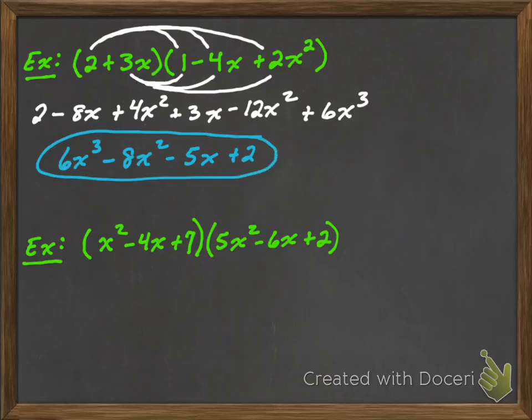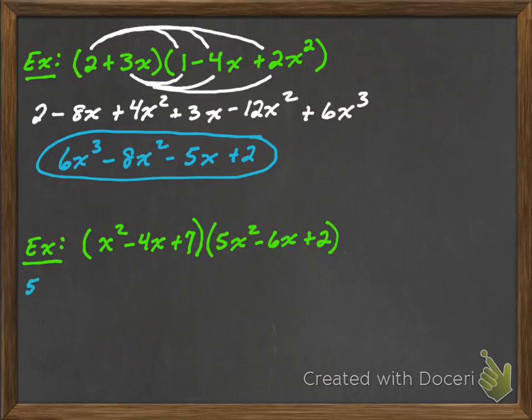All right, then the next one, we have 3 terms multiplied by 3 terms, so we will end up with 9 terms before combining. So start with your x squared and multiply it by all 3 terms.